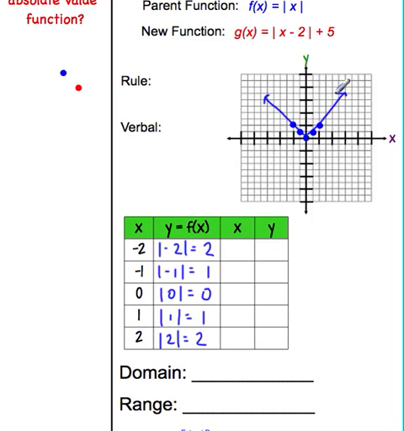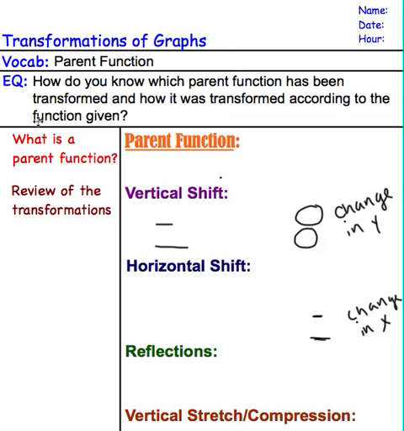And now it's time to address our new function that we have here of absolute value of x minus 2 plus 5. Now if we look back at our notes, we see that if it has the plus on the outside, it's going to be a vertical change up, and if we have a minus, it's down.